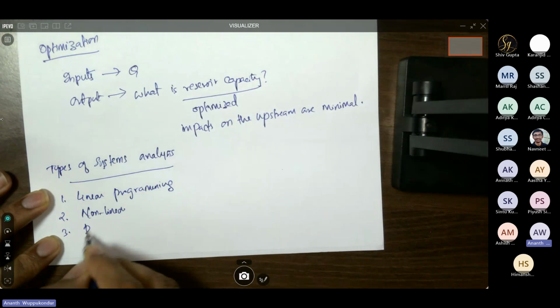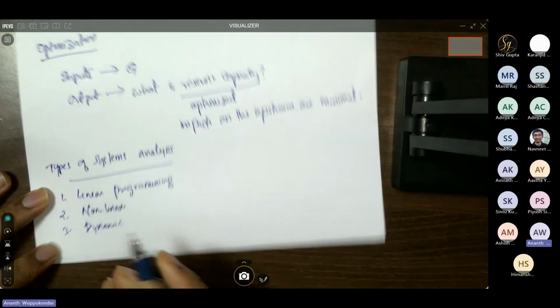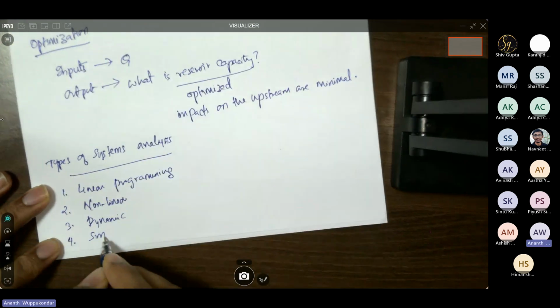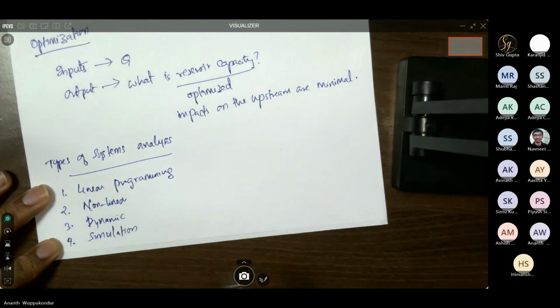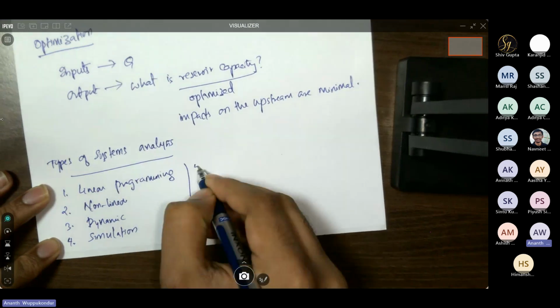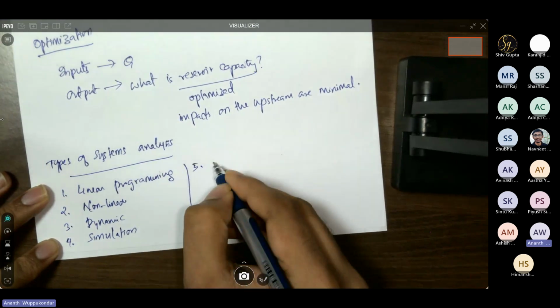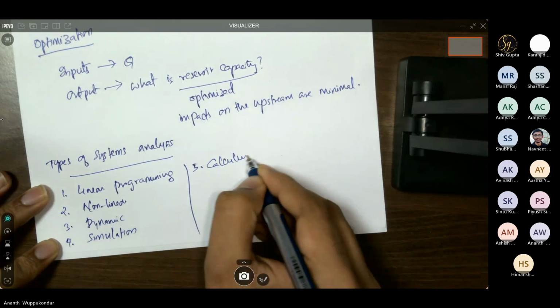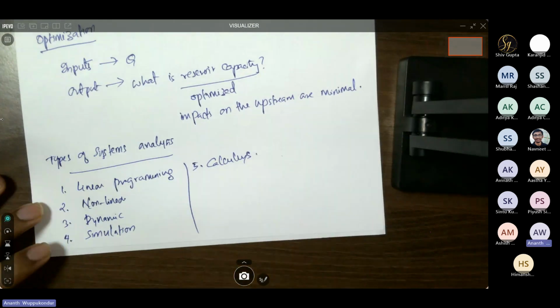Then we have dynamic programming, and we also have simulation, and optimization using calculus. So these are the different types of systems analysis, the different techniques that we are going to use to optimize a process.